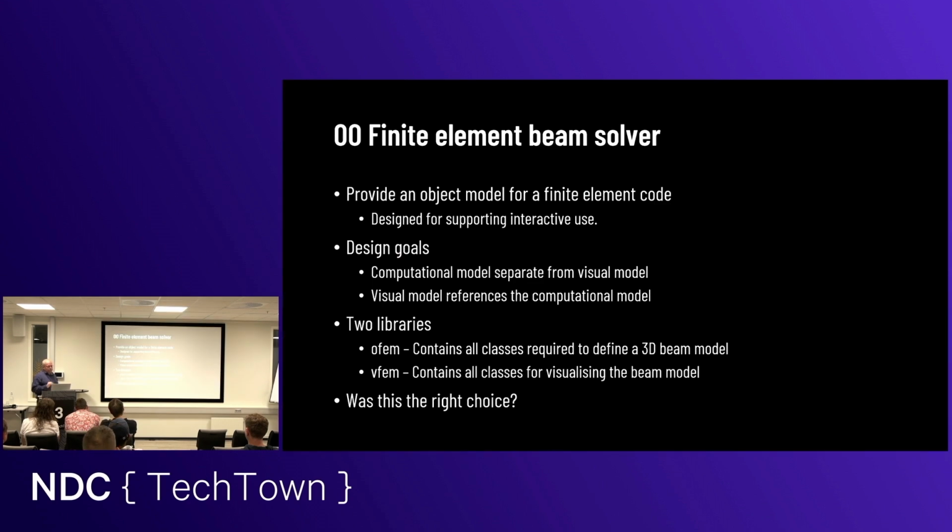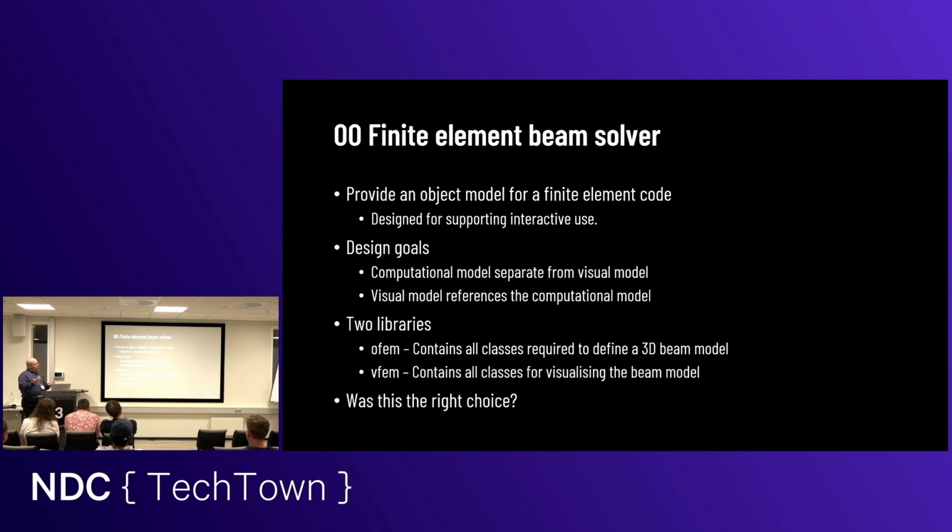But the idea was to design something that could support interactive use. And I also had the idea that I wanted the computation model to be separate from the visual model. So I had two object class libraries, one for doing the computation and one for doing the visualization. So I have OFEM and VFEM.